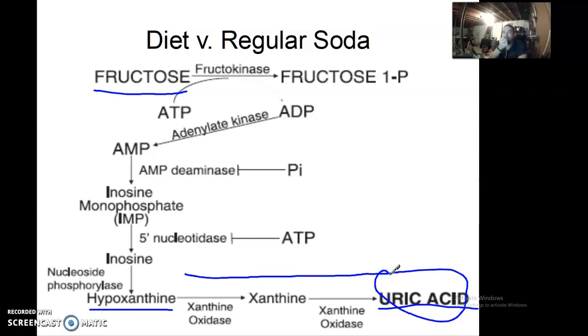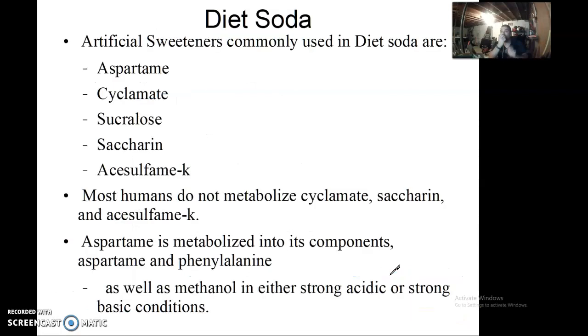This is not seen in diet soda because artificial sweeteners are not metabolized for the most part. Cyclamate, saccharin, and acesulfame K are not metabolized by the body in any significant amount.